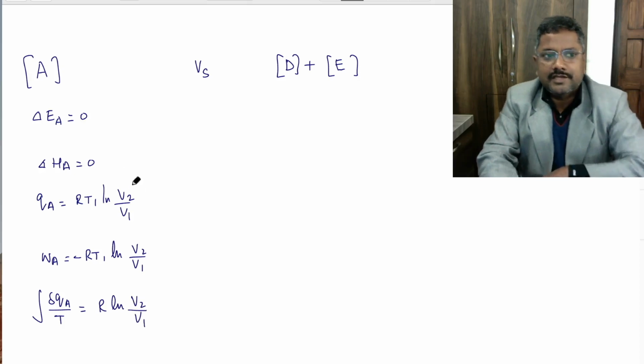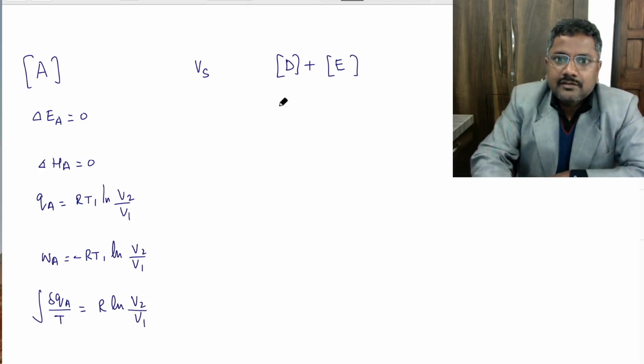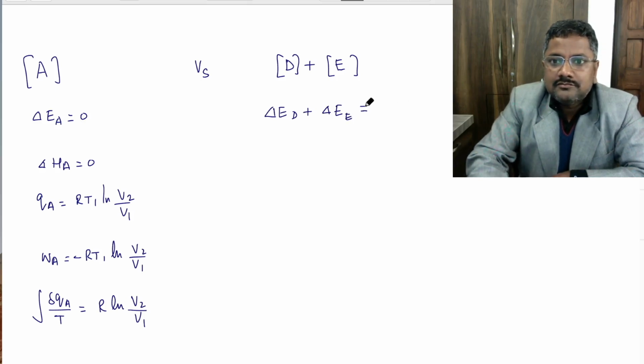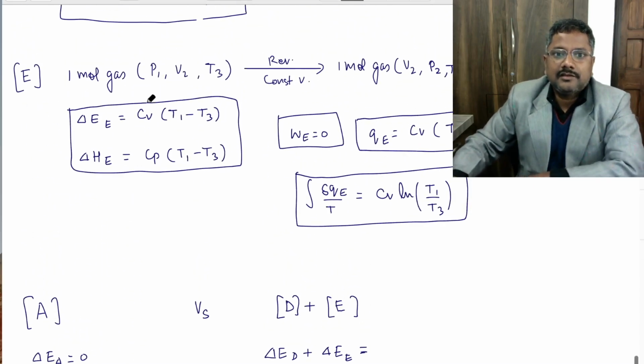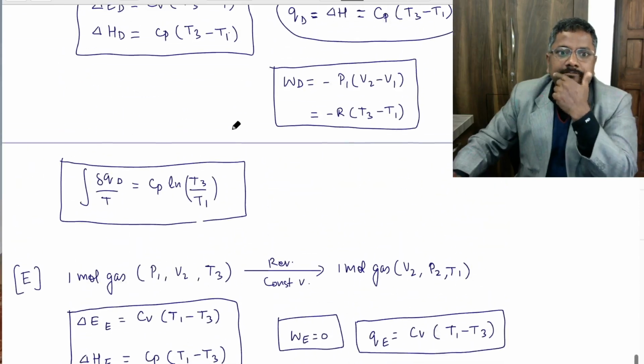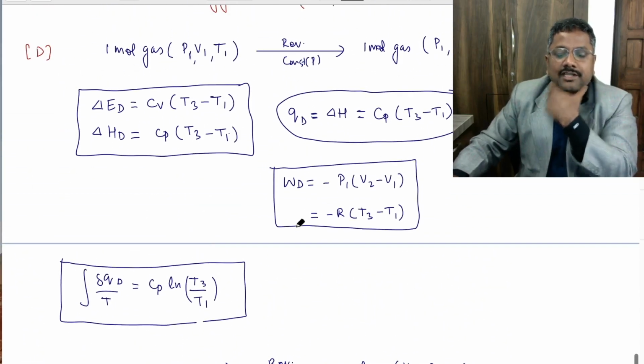So this is A. Now delta ED plus delta EE is equal to, see, CV (T1 minus T3) and CV (T3 minus T1).